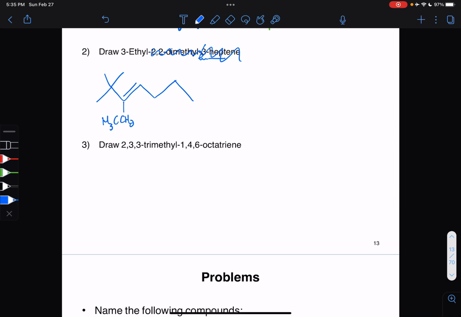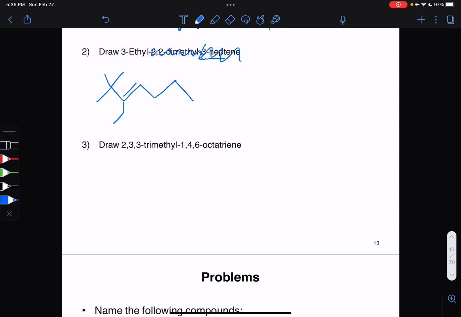Bunch of different ways, my friends, but if we're going to keep with the line bond structure, let's just go ahead and draw the line bond structure. So remember, at each of the points and each of the ends, you have a carbon. So there's a carbon there, and there's a carbon there. And again, with the carbon structure, you don't have to remember how many hydrogens each of your carbons have. I just have to assume you know what you're doing. Okay, so there we have our 3-ethyl, 2,2-dimethyl, 3-heptene.